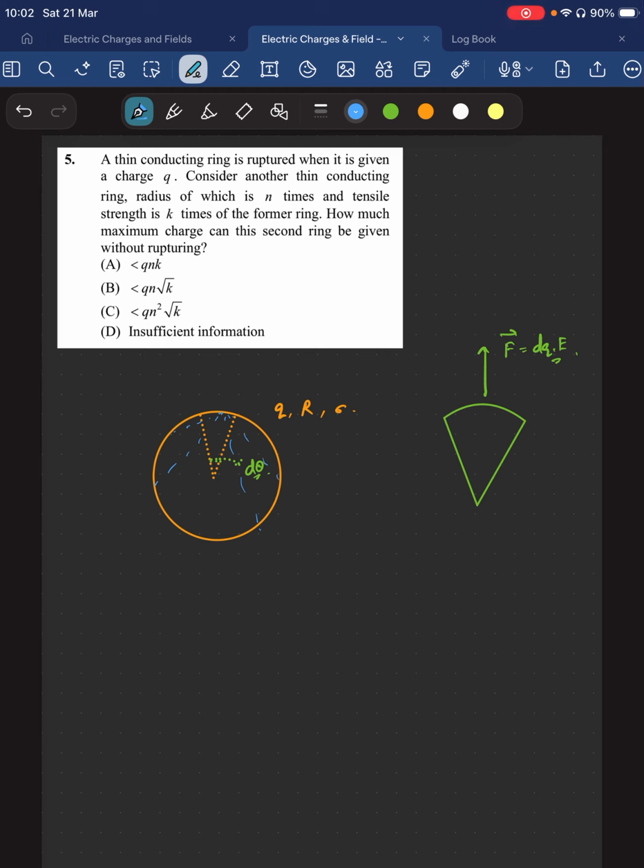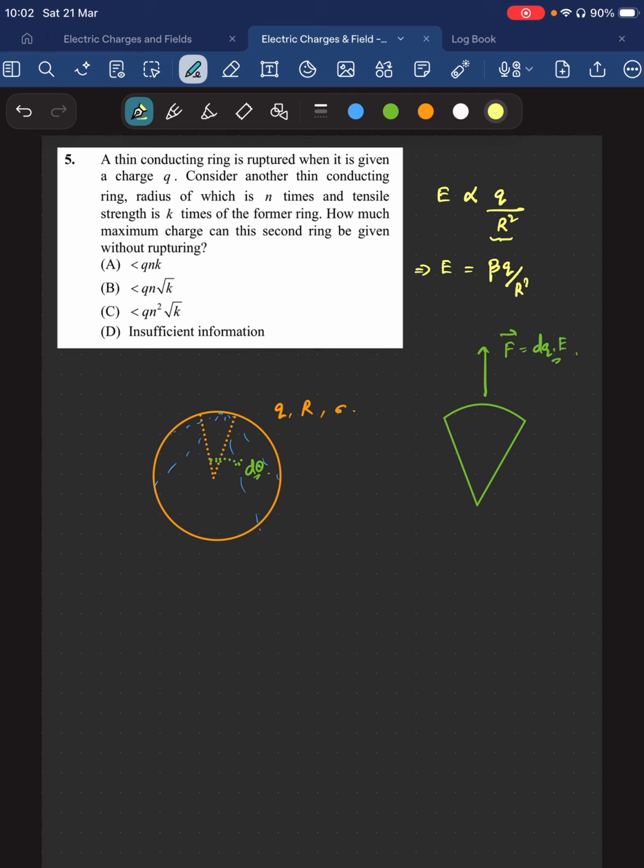So we'll say that the electric field of the remaining portion of the ring at that point is proportional to the charge given to the ring divided by the radius of the ring, right? Because everything will be in terms of dq divided by distance squared, and the distance is essentially proportional to r. So I can write that in terms of a proportionality constant: this electric field at this point is equal to some beta into q by r squared.